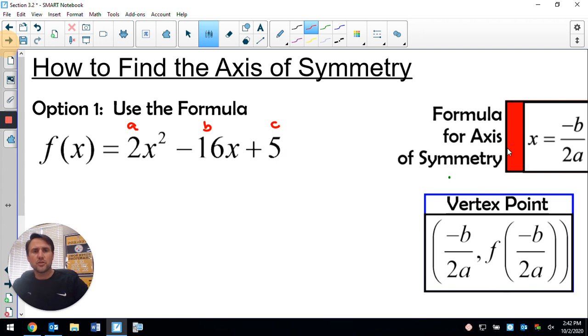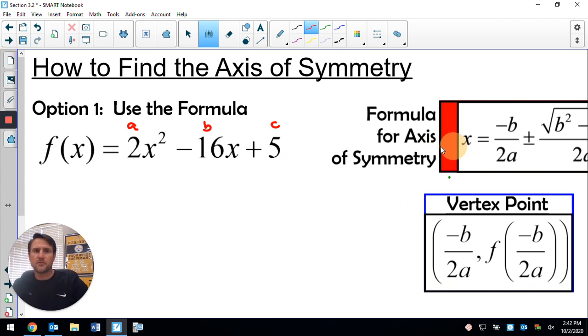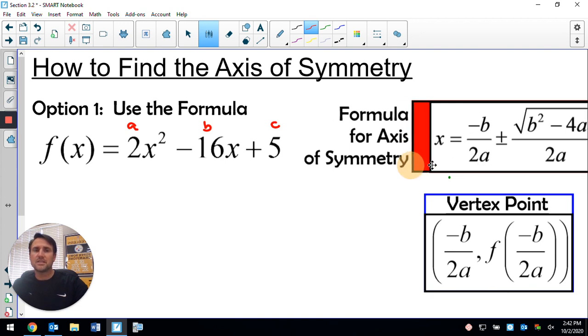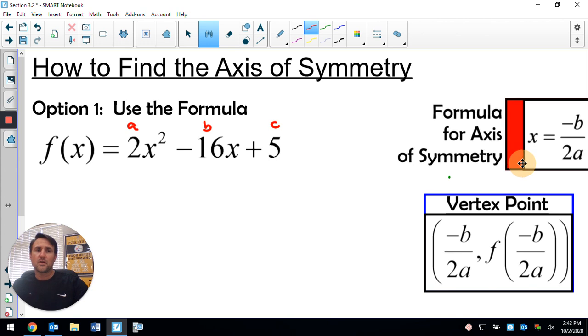So this should look familiar because it comes from the quadratic formula, right? There's the whole quadratic formula that we just learned, and the first part is actually going to give us the axis of symmetry. There's a really good reason for that. If you're curious, I can show you later. Just give me an email.